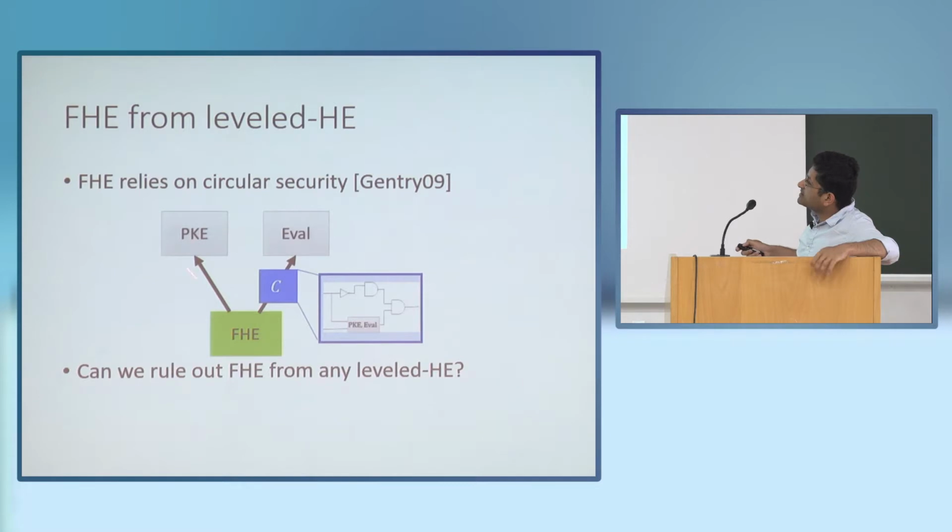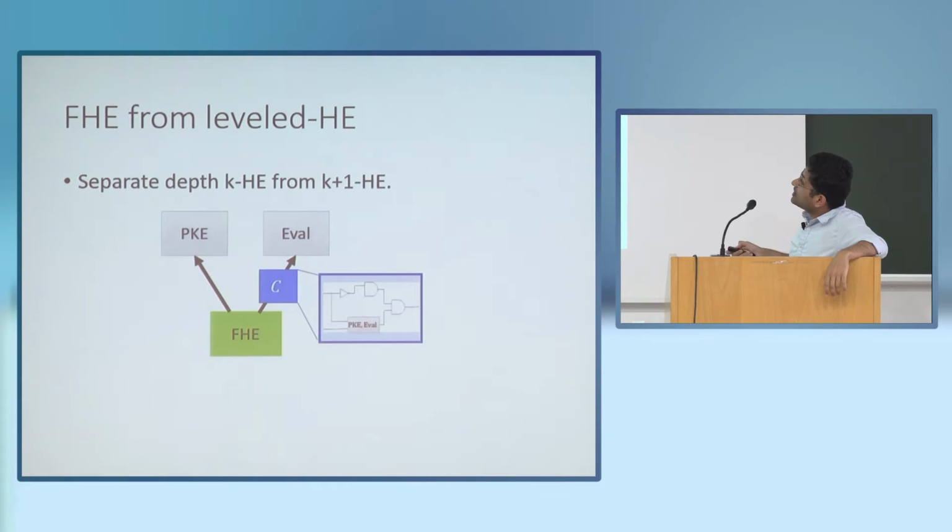But it's not very clear how we are going to ask this question, because when we talk about leveled homomorphic encryption, it only supports circuits of a bounded depth, right? But I want to talk about this question independent of the depth of the circuits in the PKE, okay? So how I'm going to do it is I'm going to frame this question as separating depth k homomorphic encryption from depth k plus 1 homomorphic encryption.